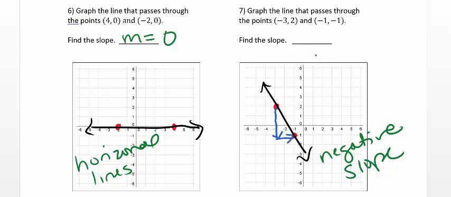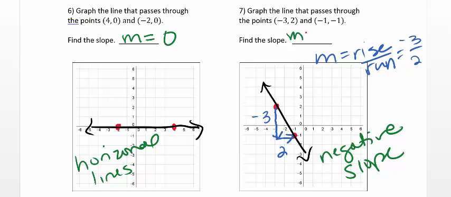So if our slope, again, is our rise over our run, we had to come down, therefore it's a negative number, a negative 3, and then I had to go across to the right 2 units. So our slope is going to be a negative 3 over 2.